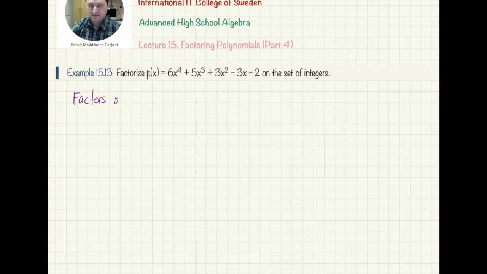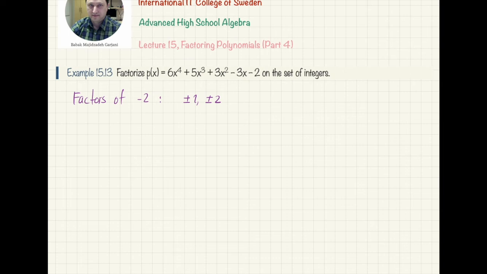Then I will get plus or -1, plus or -2. Yes, but I have already checked them. So if you put all of these numbers here, you will not get 0. Okay, so this means that this polynomial doesn't have any integer solutions.